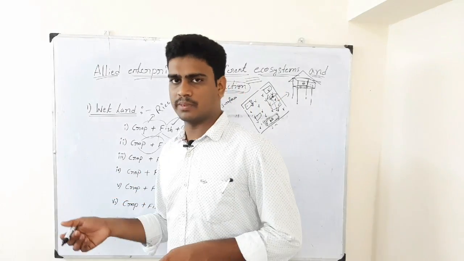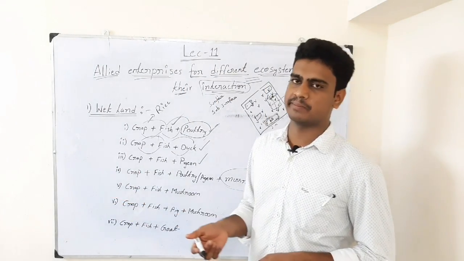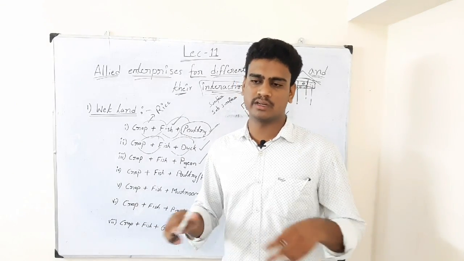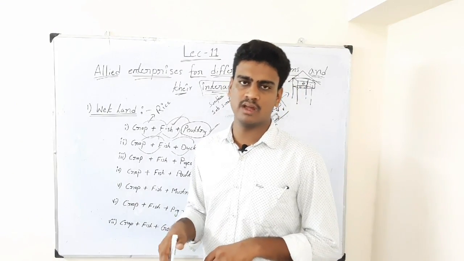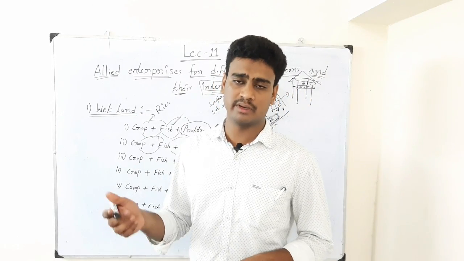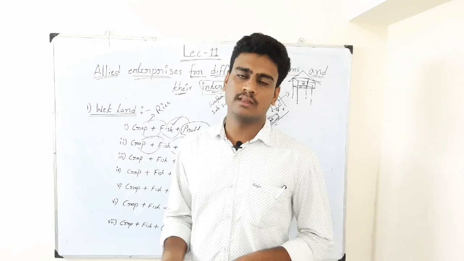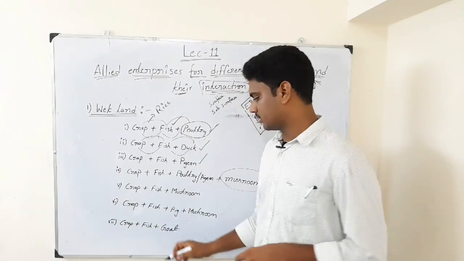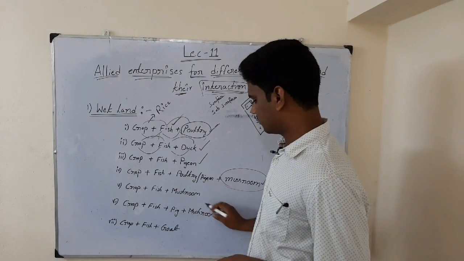That particular piggery can be used for meat purposes. Though not all people may eat it, it varies based on the region. In that particular location, if the people staying there consume pork, then they can go for pig rearing, and along with that we can go for mushroom.